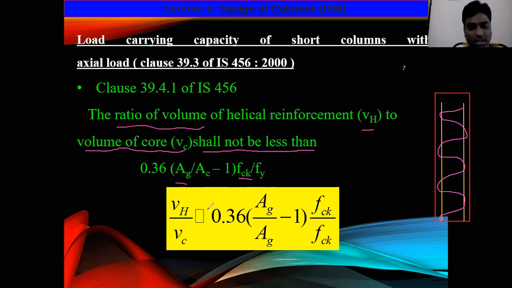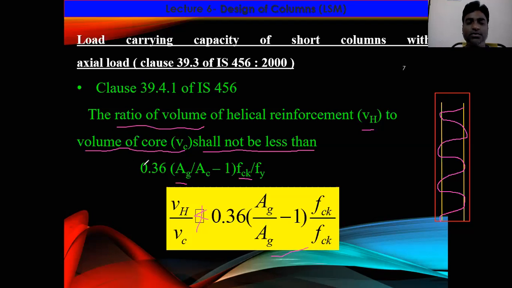I mean Vh by Vc should not be less than this one. Then only you can apply that 5% increment in the load carrying capacity of the compression member or column. If not, then you should not increase that 5% capacity, right?